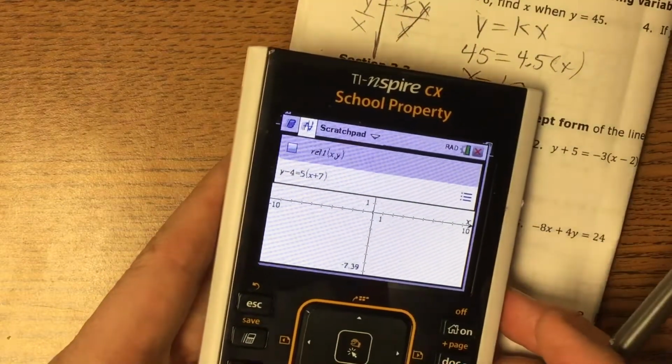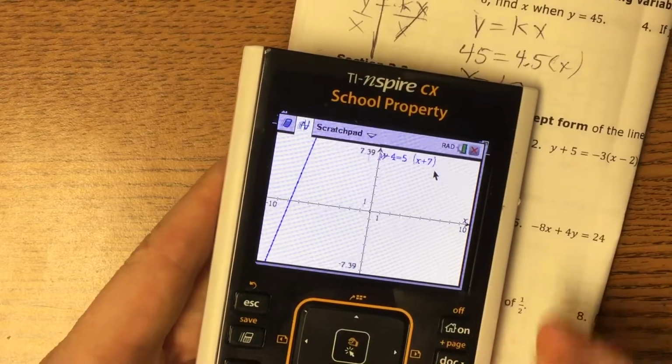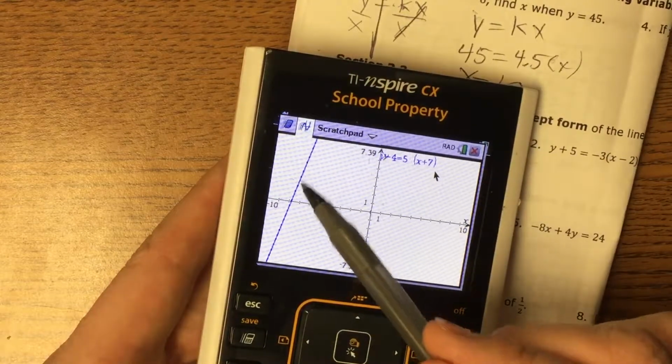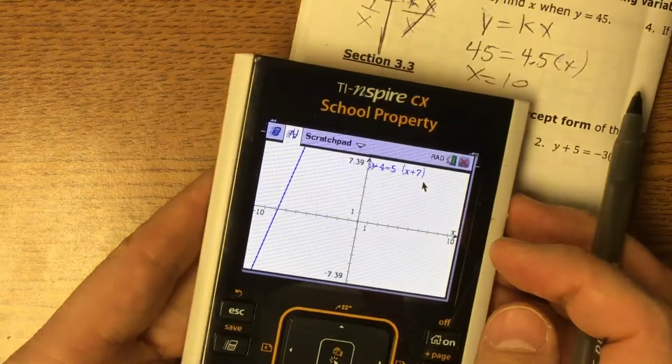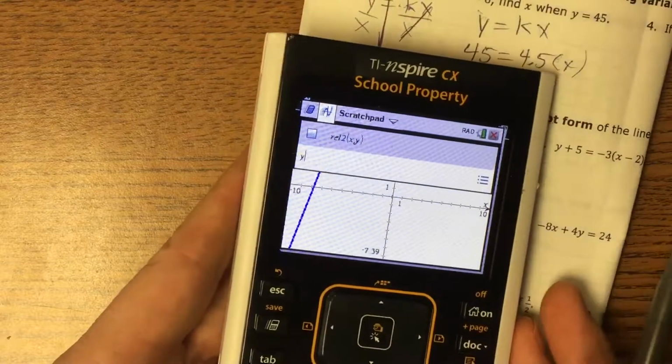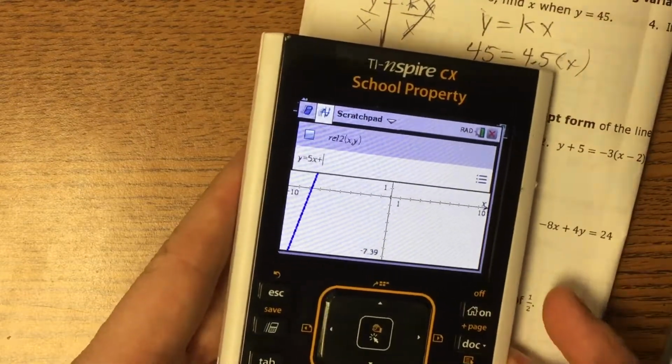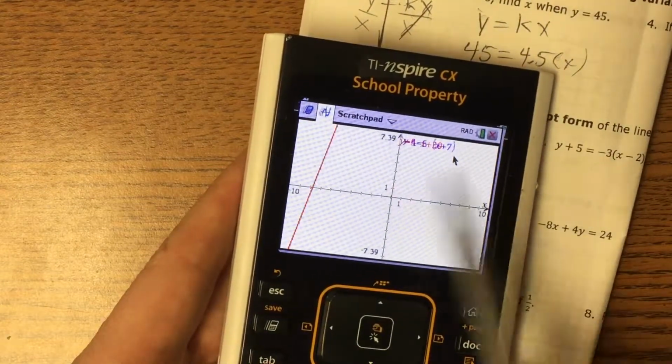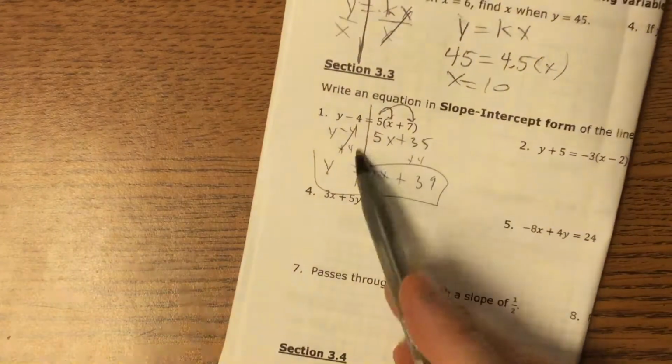Okay, there we go. That's the line I have to get the exact same line on top of. So I hit tab, and I put in y equals 5x plus 39. There's the same line again. I know that's the right answer.